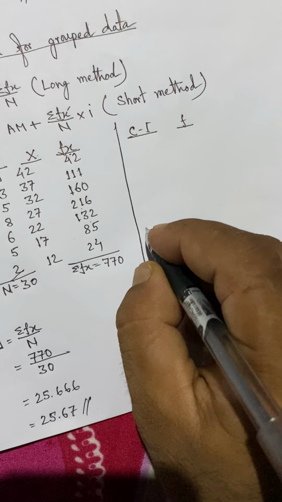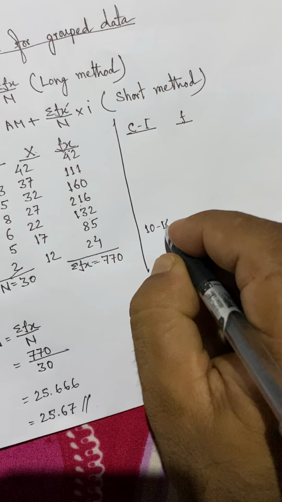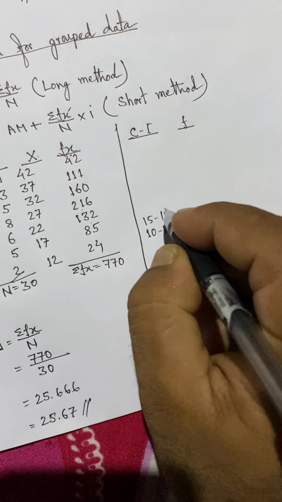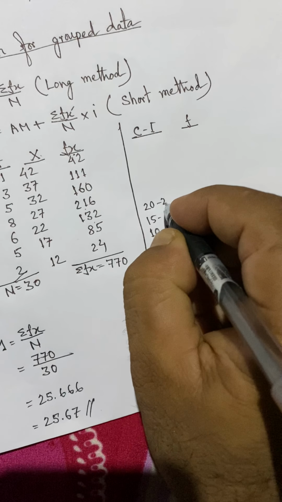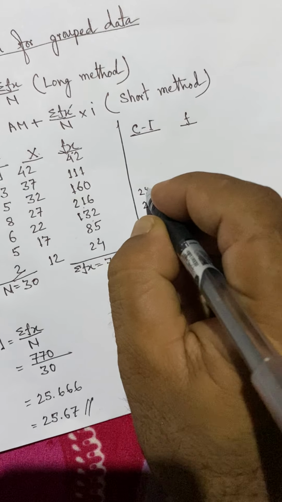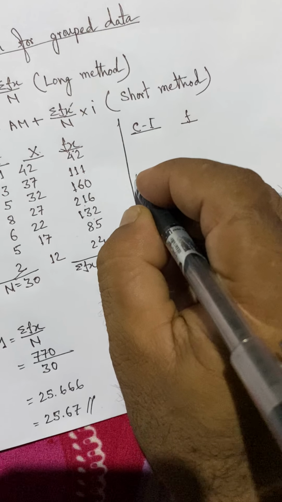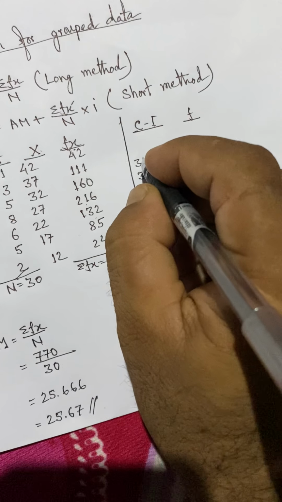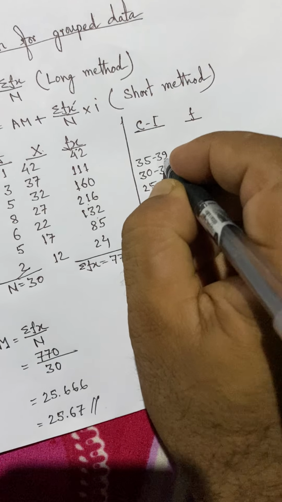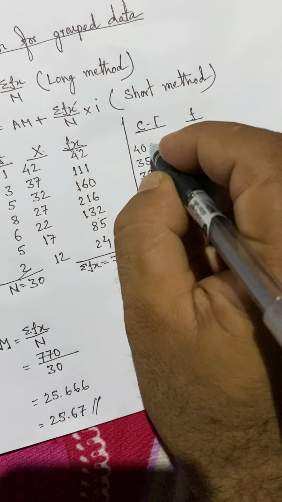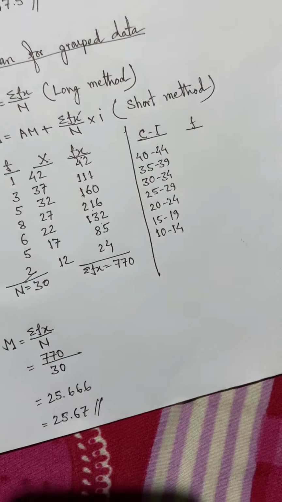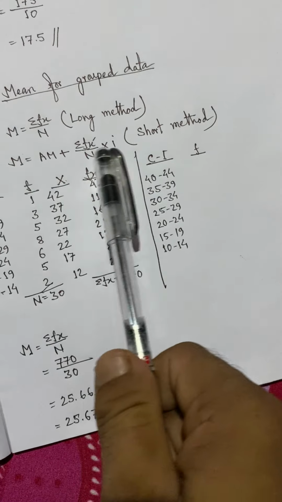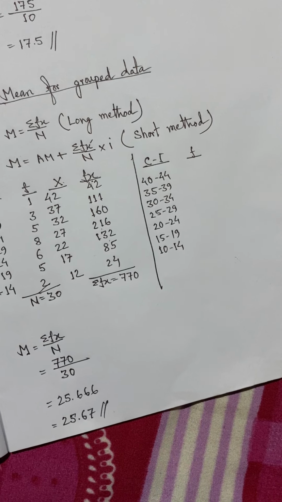Class interval 10 to 14, 15 to 19, 20 to 24, 25 to 29, 30 to 34, 35 to 39, 40 to 44. So I have taken the same table to calculate the mean by the short method.